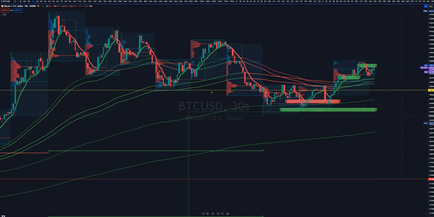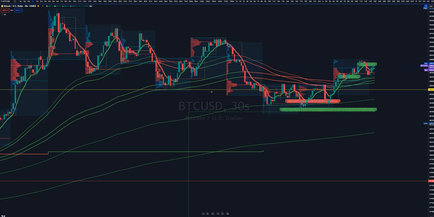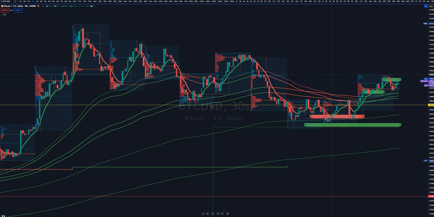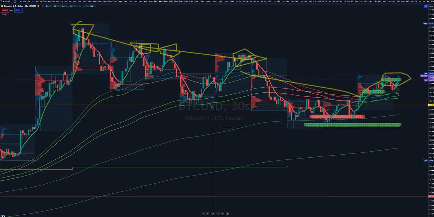So we see here now, based on market structure, the market made lower highs, then we come here. Now the market has some difficulties to go here, even if we have some interest. It doesn't matter.